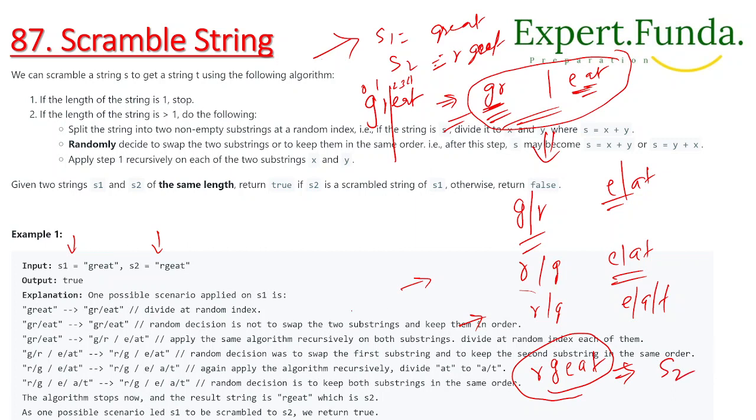So s1 and s2 are equal and have the same length, and we have to return true. It says given two strings s1 and s2 of the same length, we have to return true if s2 is a scramble of s1. This is the way we have to do it.